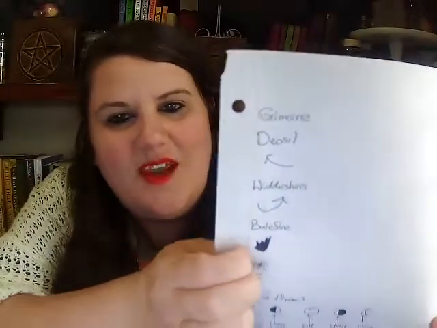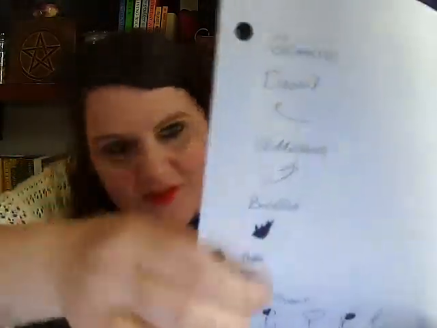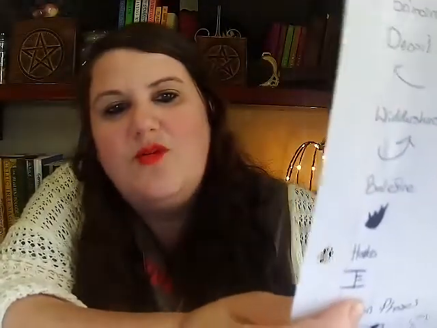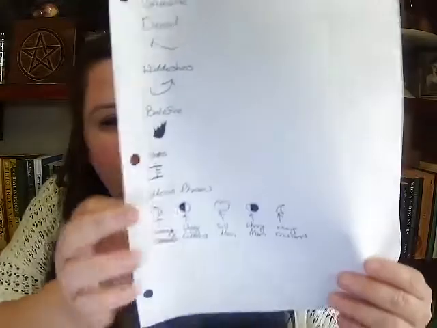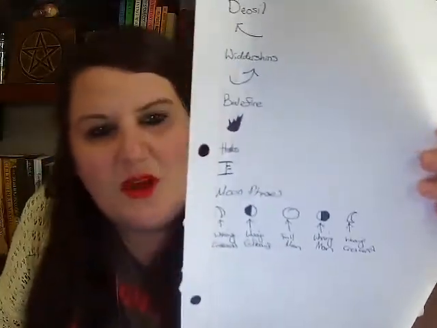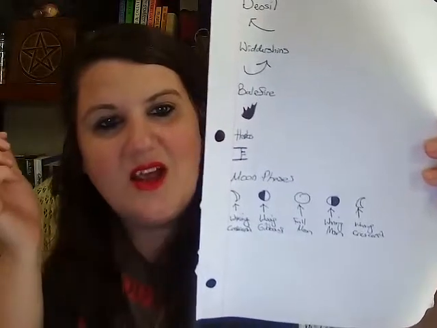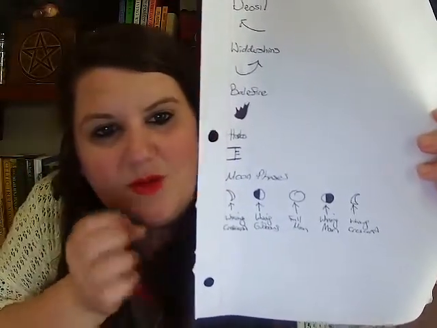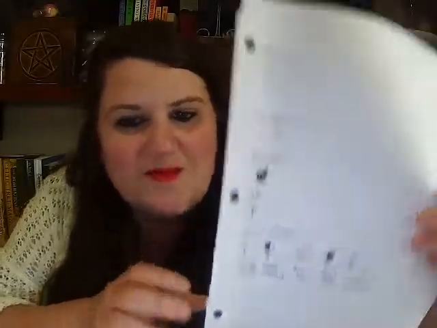And then from there, we have a balefire, represented by darkened flames. Then we have the symbol for herbs, which will be perennially useful. And then we have representations of the major moon phases. We have the waxing crescent, the waxing gibbous, the full moon, the waning gibbous, and then the waning crescent.